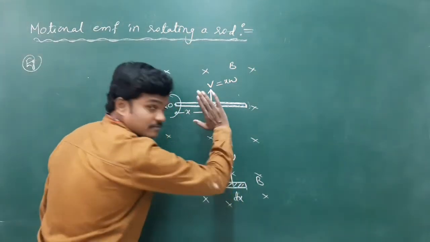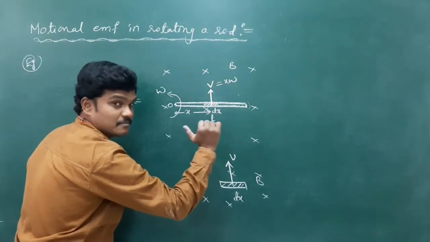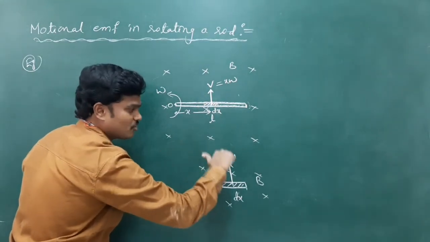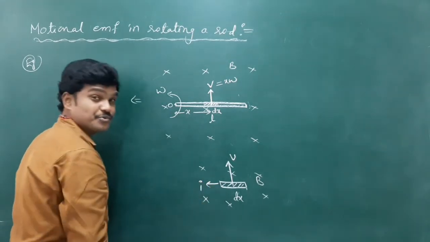The rod is moving with speed v, the field is into the board, and the thumb shows v cross B, so the induced current is in this direction.